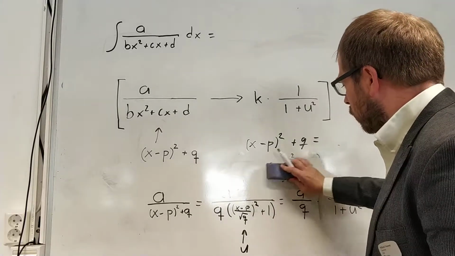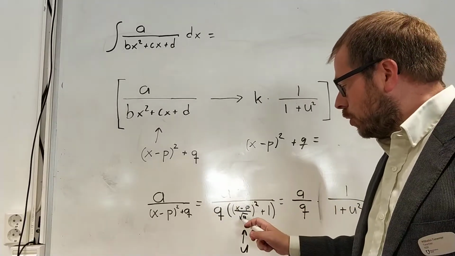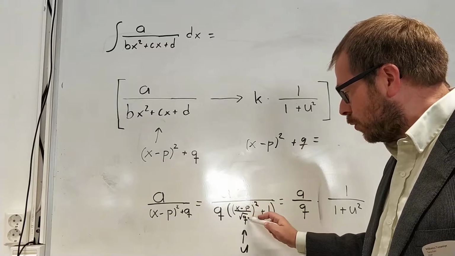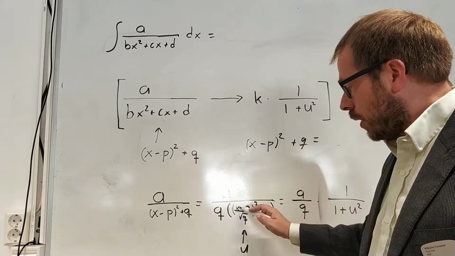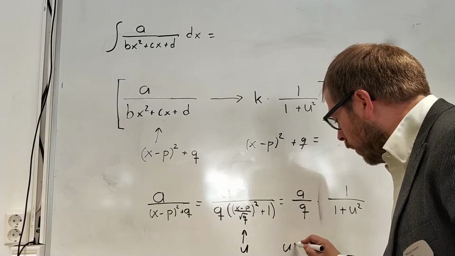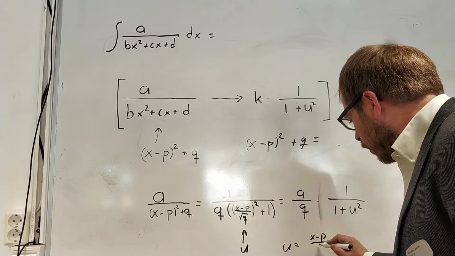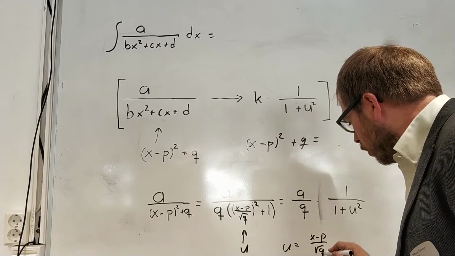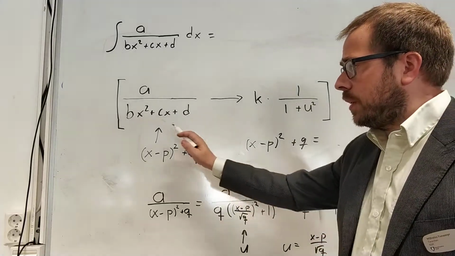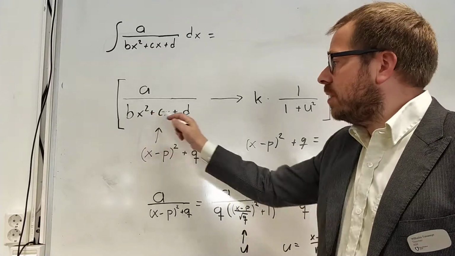Okay, so for some kind of value of p and q, you can get to this, and this sort of strange variable we substitute for u. So u will be x minus p over the root of q, where p and q, as I said, come from completing the square, so they will in turn depend on b, c, and d.